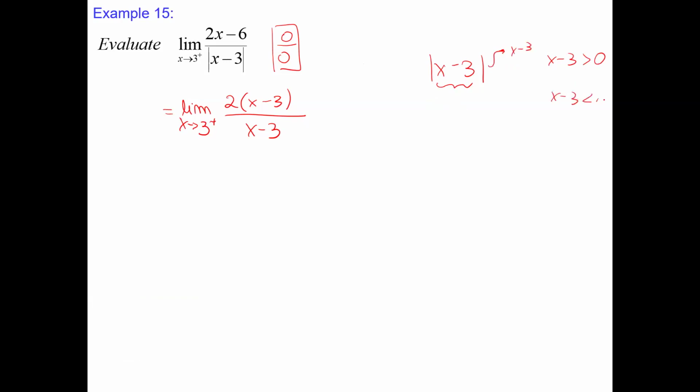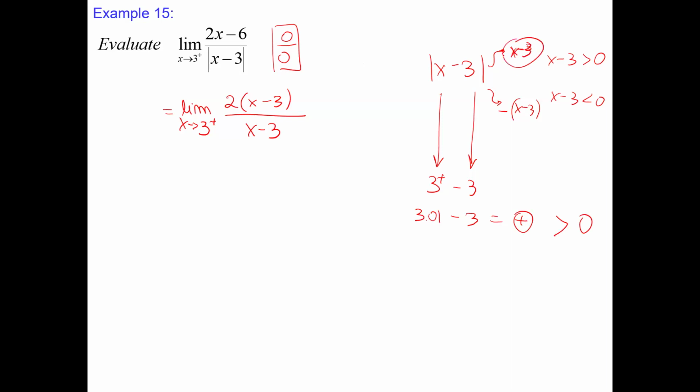But if x minus 3 is negative, we will rewrite it as the quantity x minus 3 with an extra negative. x approaching 3 from the right-hand side is, for instance, 3.01. Then 3.01 minus 3, when we subtract, is positive, greater than 0. Then I can rewrite it simply ignoring the absolute value, because it's positive. Now we have the common factor, and the final answer is 2.